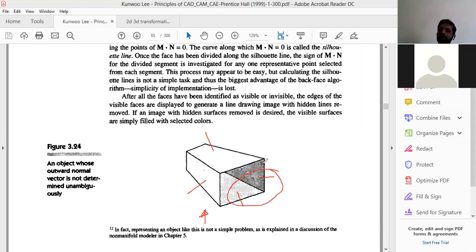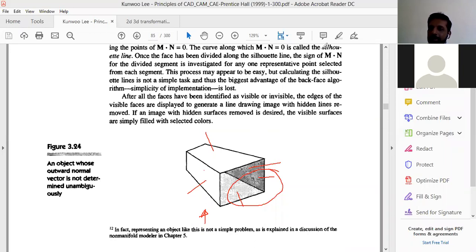Every time, this algorithm works with respect to the entire face, but here it is partial. It does not detect how far this face should be visible and how far it should be invisible. It becomes very difficult for it to analyze. So the backface algorithm cannot be used in both these cases. There are cases like this where it cannot solve such problems.